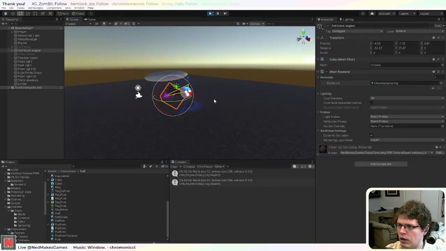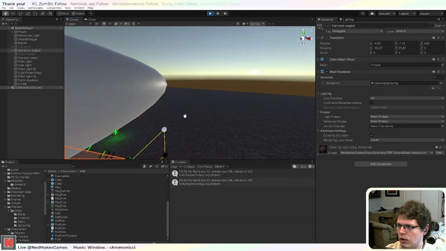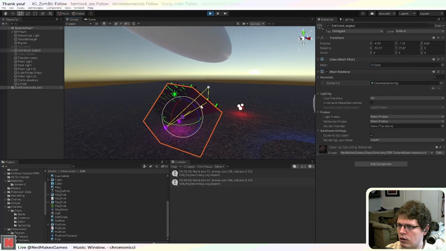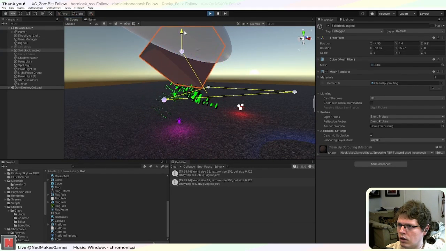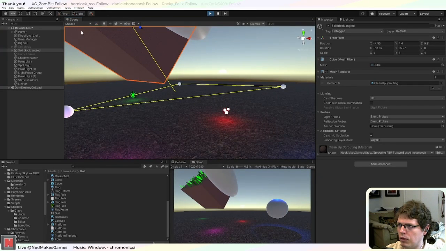Why isn't there anything on the terrain though? It works fine here. Oh. Okay, I didn't update because the game view wasn't updating.